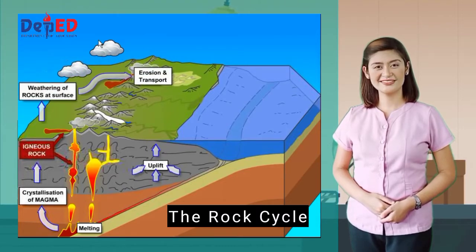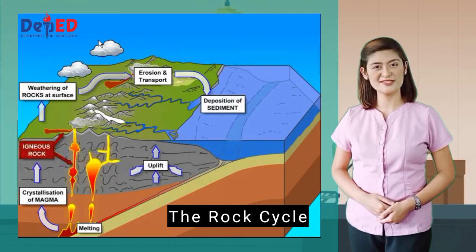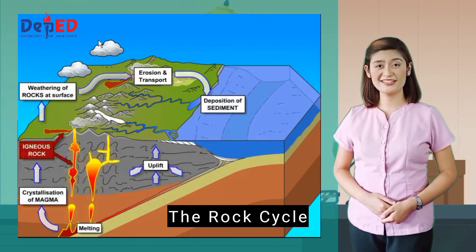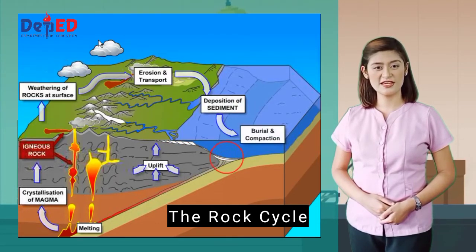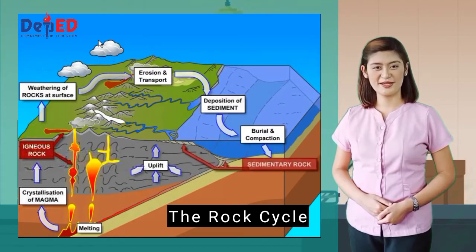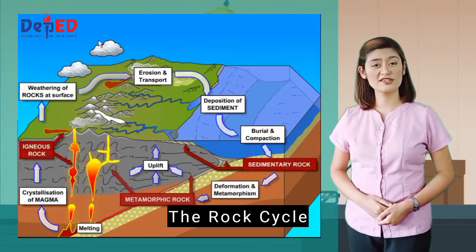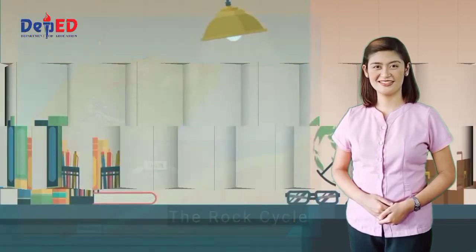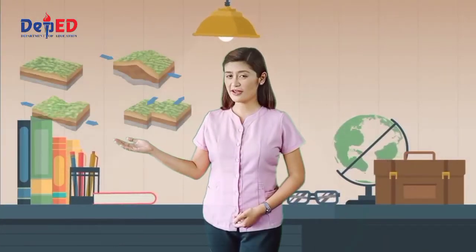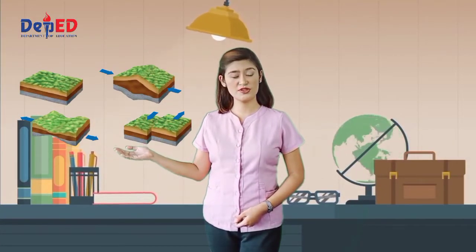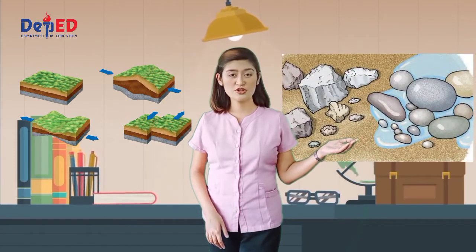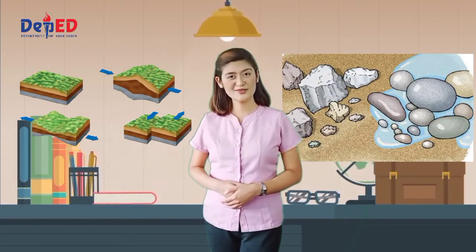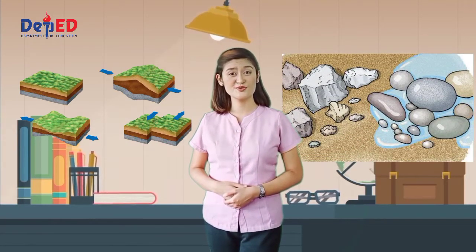The rock cycle is a concept used to explain how the three basic rock types are related and how Earth processes over geologic time change a rock from one type into another. Plate tectonic activity, along with weathering and erosional processes, are responsible for the continued recycling of rocks.